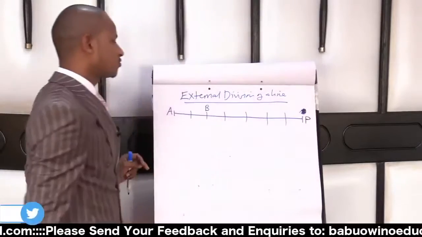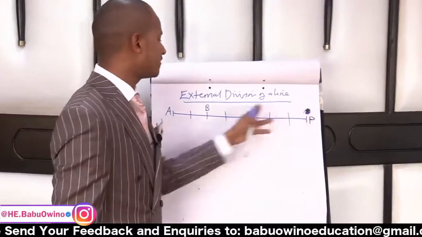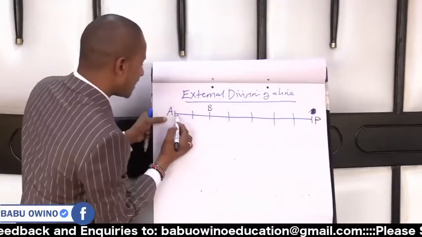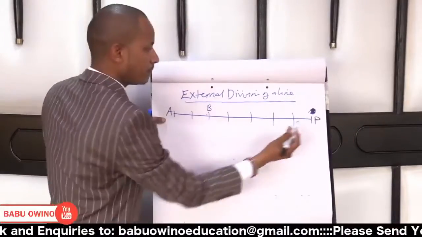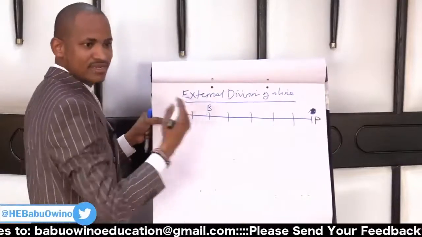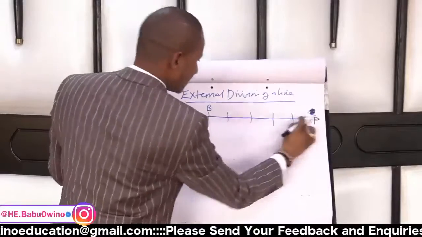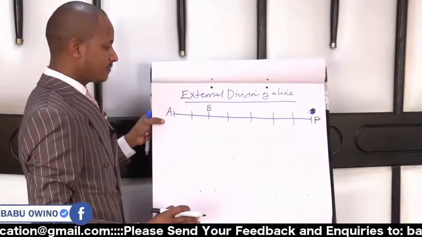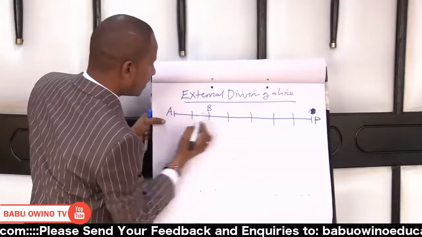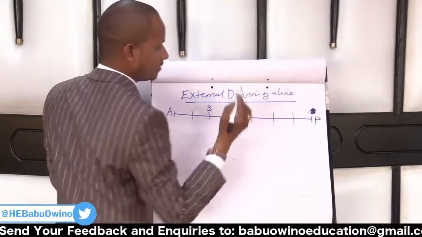Class, I want you to concentrate here. We have our line AB, but we have a projection, an extension of line P. So P divides line AB externally, outside AB. Extension, extending externally. So P divides line AB in the ratio of 1, 2, 3, 4, 5, 6, 7.